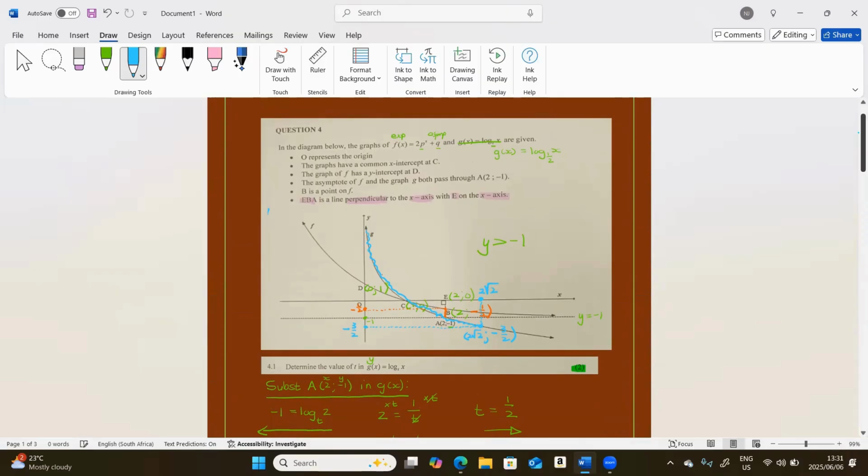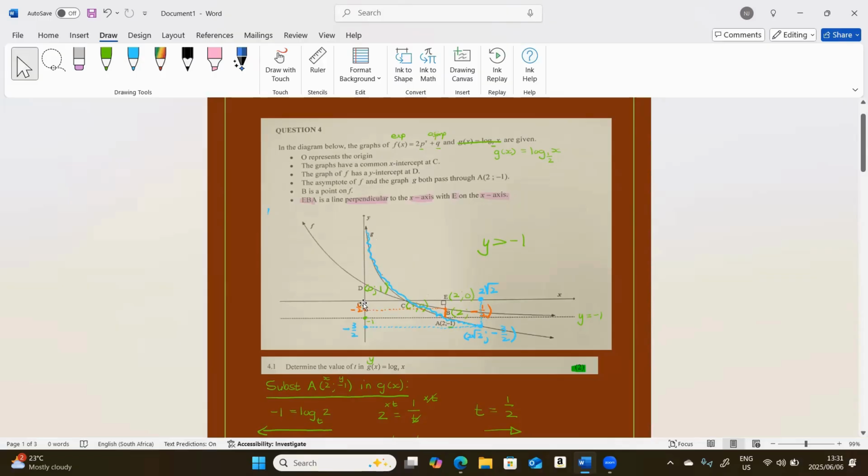Okay, so now you can see that this blue section over here of my log function, this is the portion of the function of which I need the x values for my answer. So can you see now where this portion begins is at 2 square root 2. Can you see? So 2 square root 2, and then the y-axis is my asymptote for the log function.